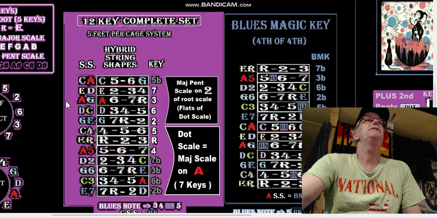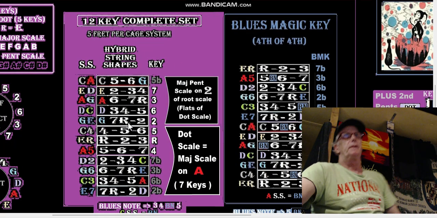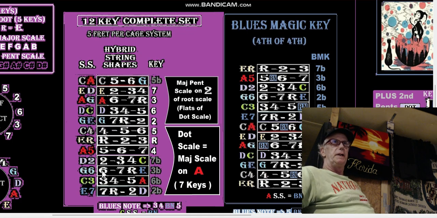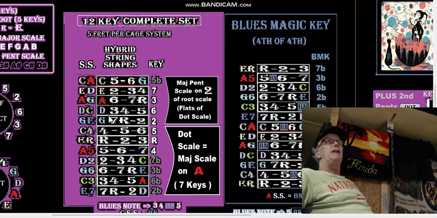12 key complete set here. I've gone ahead and shown you that this is the dot scale. It has all of the white keys, root, 2, 3, 4, 5, 6, 7, and the flats. Now notice the flats aren't these flats.